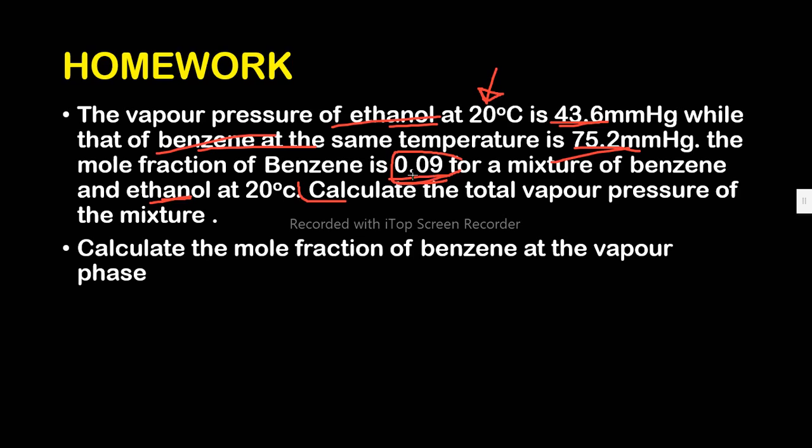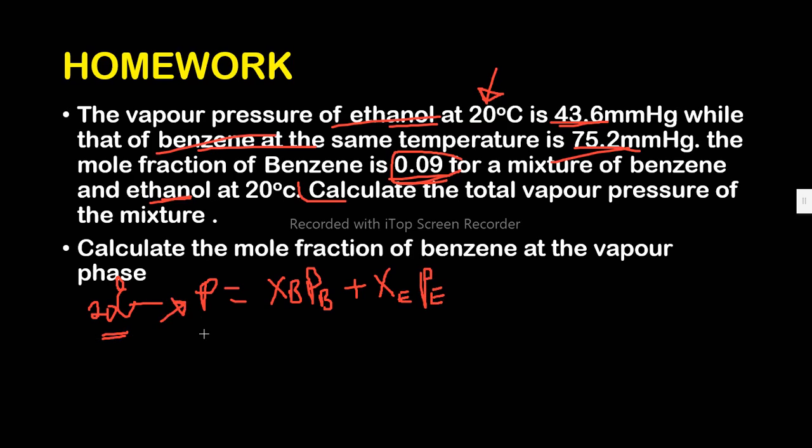So from our formula, which is P, equal to the mole fraction of benzene times the partial vapor pressure of benzene at 20 degrees Celsius, because that's what we want, and we add there the mole fraction of ethanol times the partial vapor pressure of ethanol at 20 degrees Celsius, then we should get the total pressure of this mixture at 20 degrees Celsius.